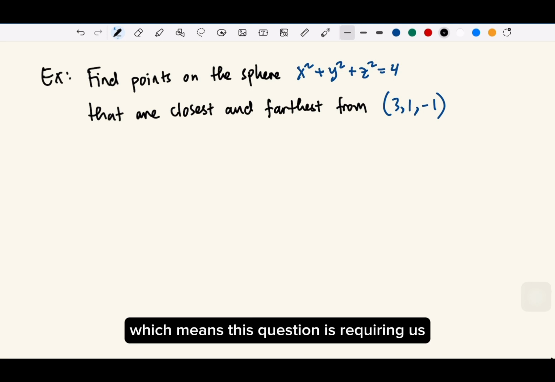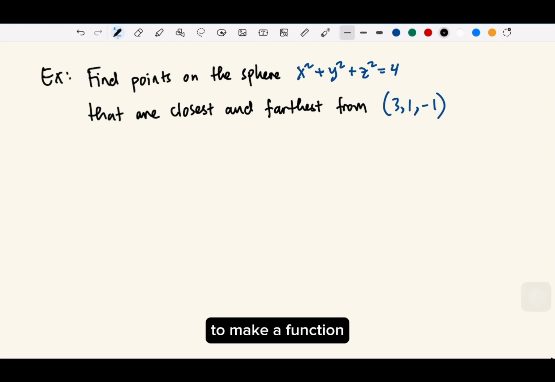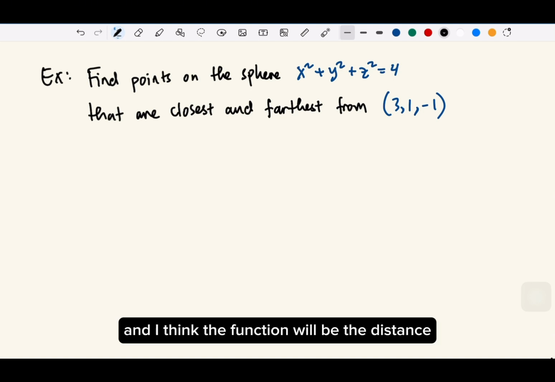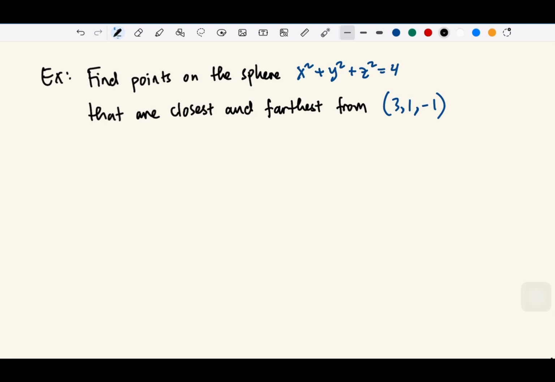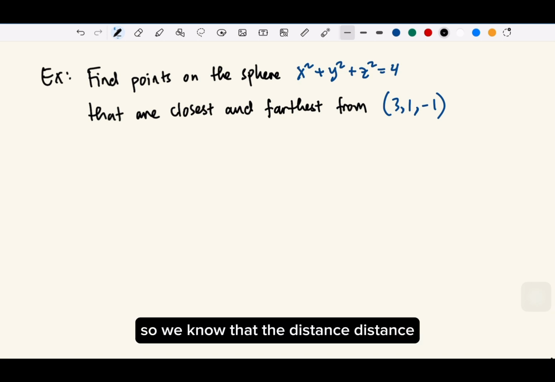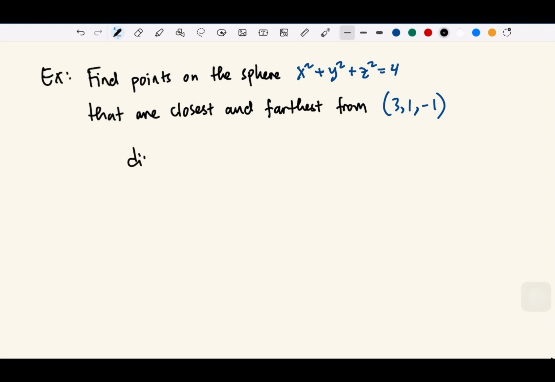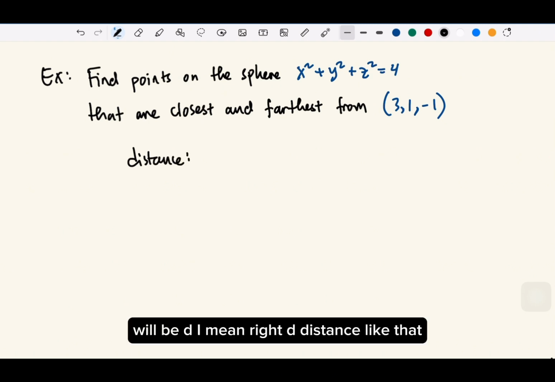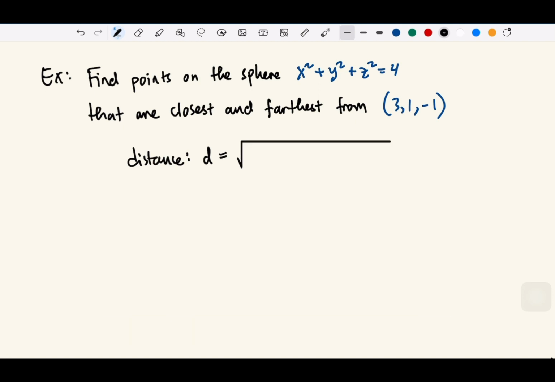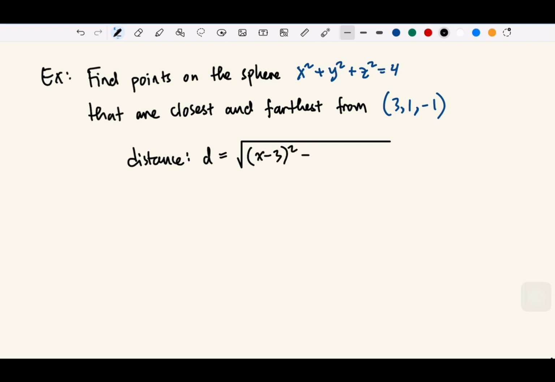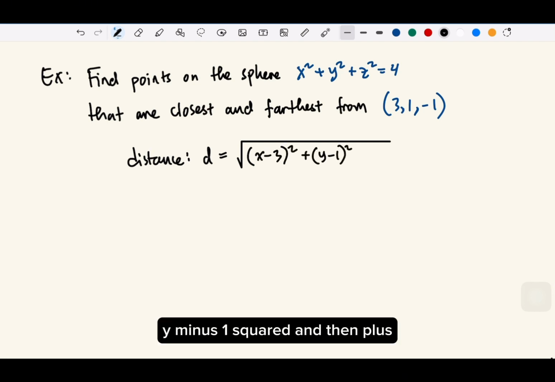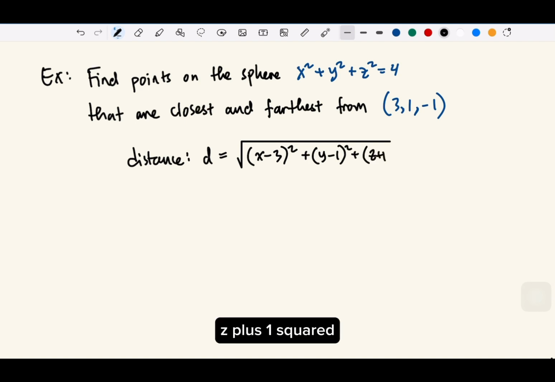Which means this question is requiring us to make a function. And I think the function will be the distance, the distance from the point on the sphere to this point. So we know that the distance will be d. Let me write d. Based on the point (3, 1, -1), this will be the square root of (x minus 3) squared plus (y minus 1) squared plus (z plus 1) squared.